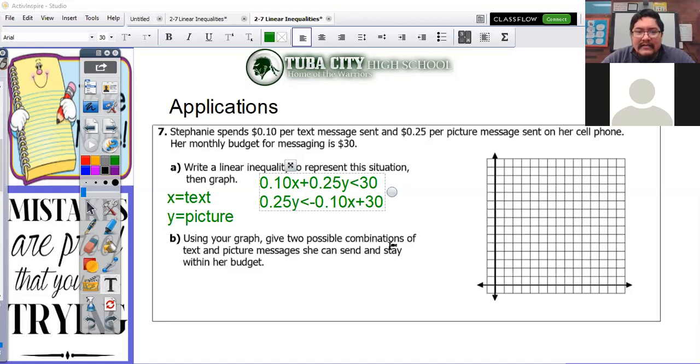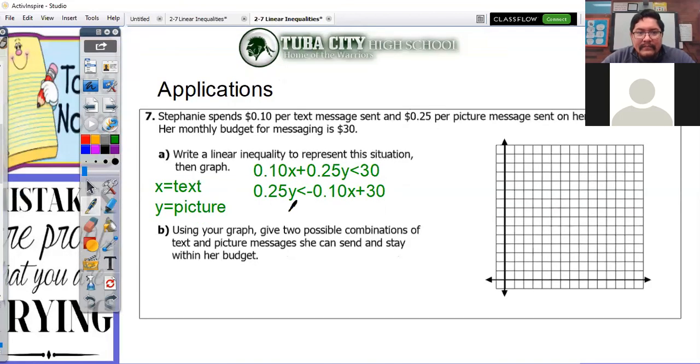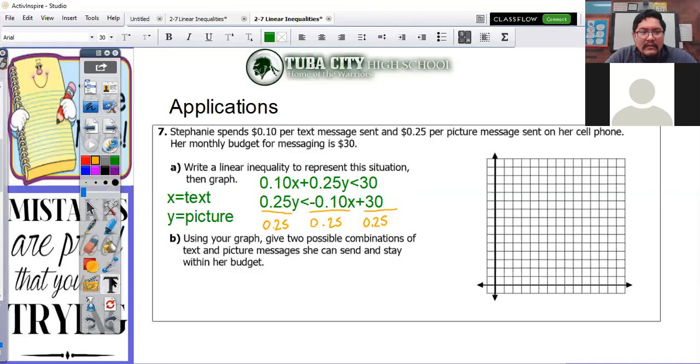Because in this case, I need to get this y by itself, so I'm going to have to divide everything by 0.25. And this should give us our new y value. So y in this case should be less than.